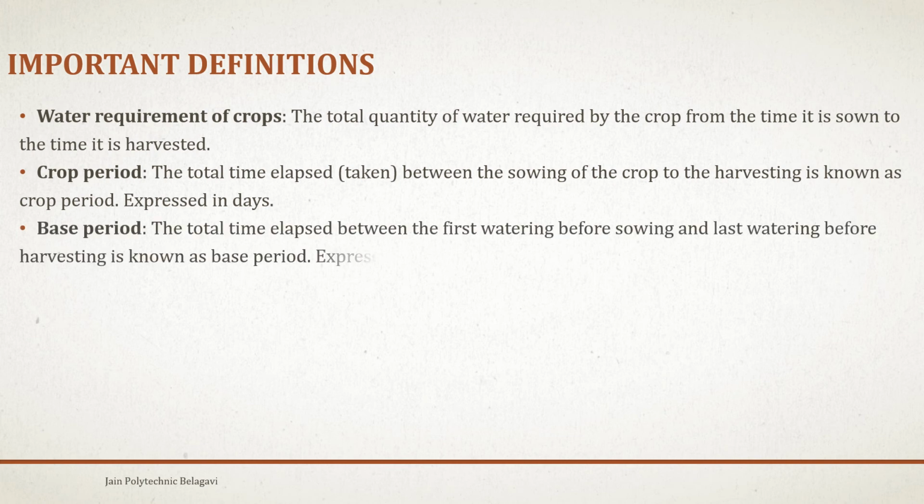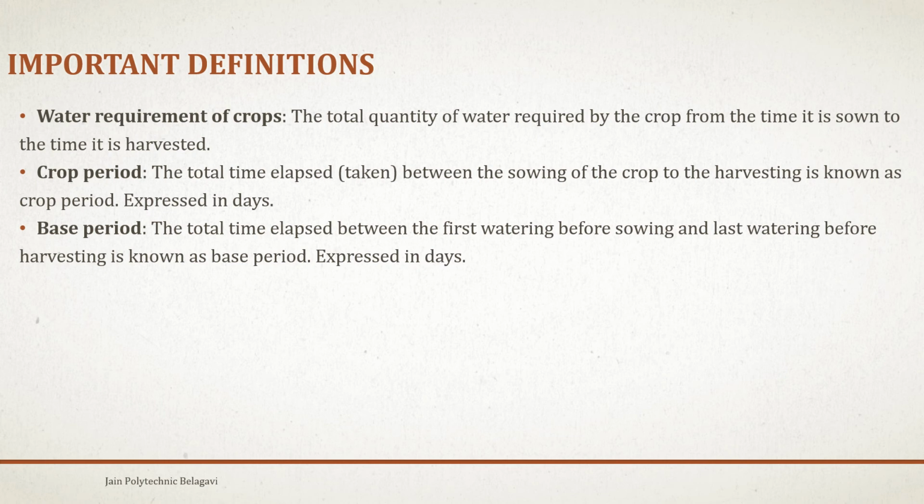Base period: the total time elapsed between the first watering before sowing and the last watering before harvesting is known as base period. It is the period between before the crop is sown and when the same crop is going to be harvested.